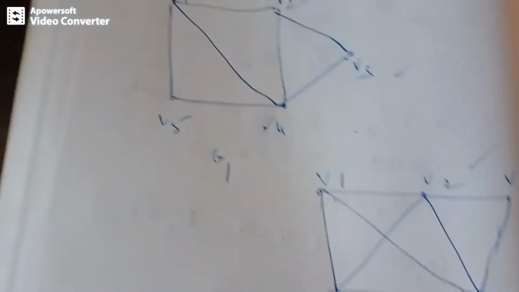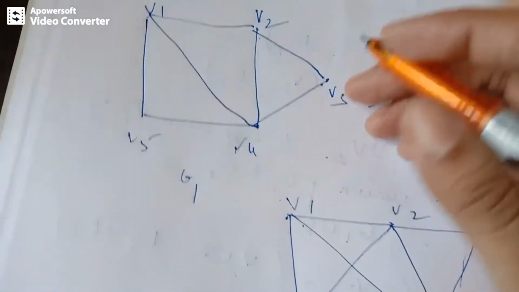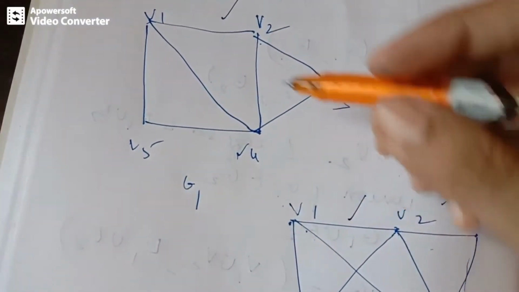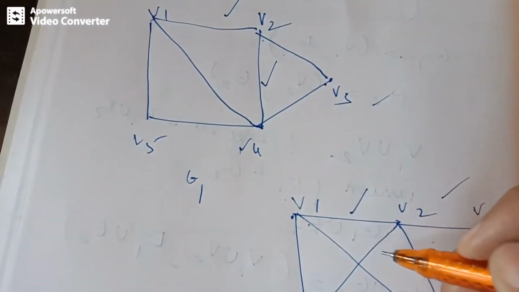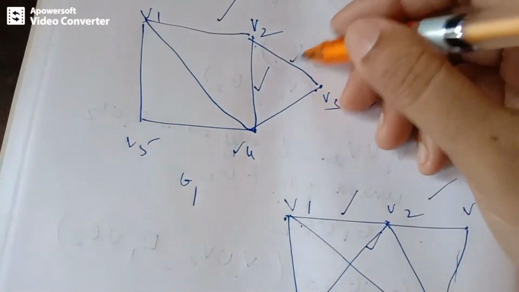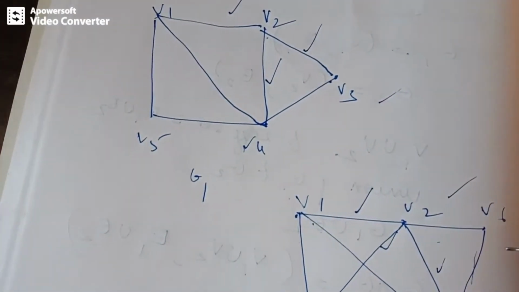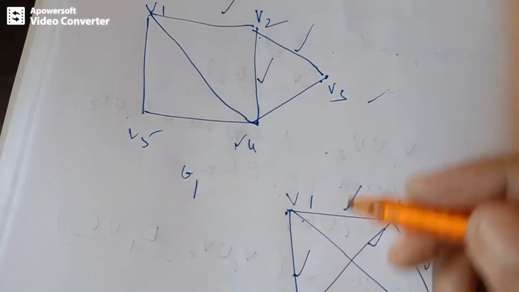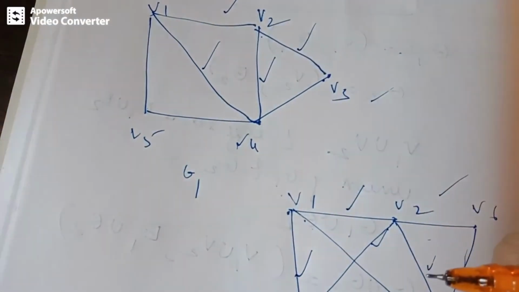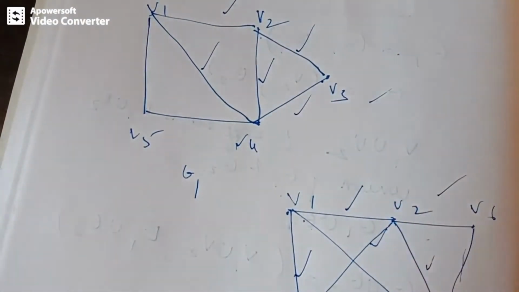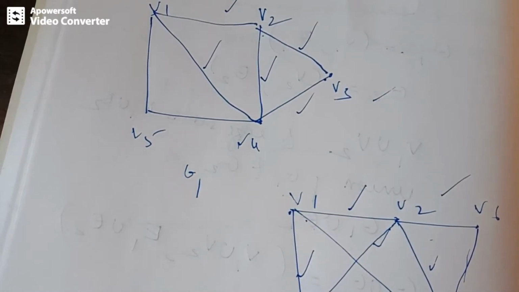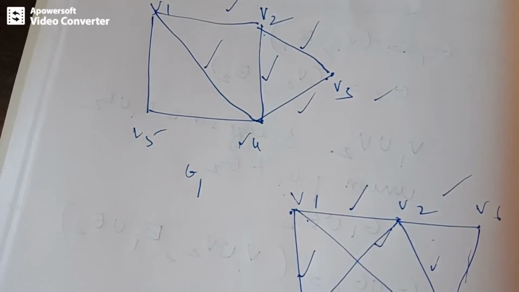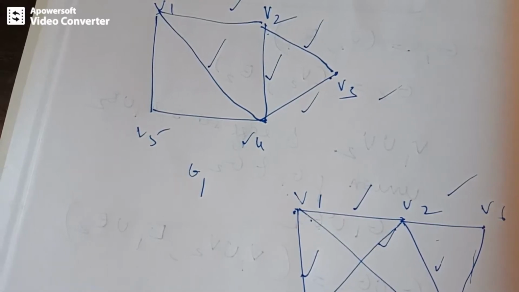For example, which are the edges which are common? You can observe that V1, V2 is common, and V2 to V4 the edge is common, and V2 to V3 also the edge is common. And we have the edge from V1 to V4 which is common, and V4 to V3 also which is common.